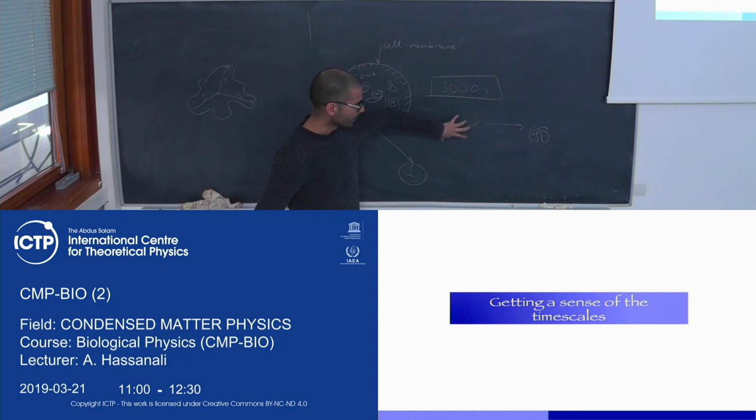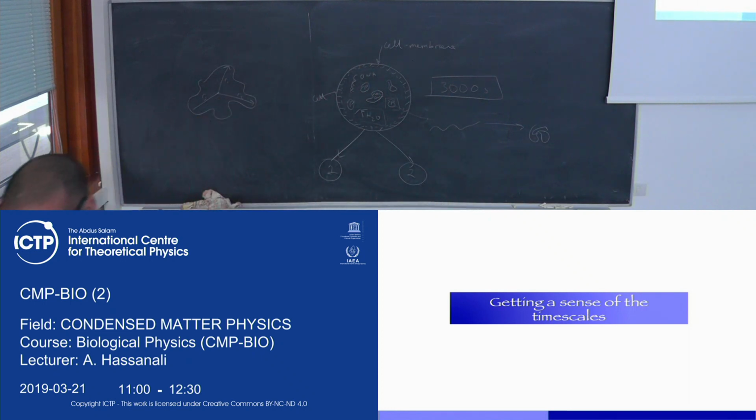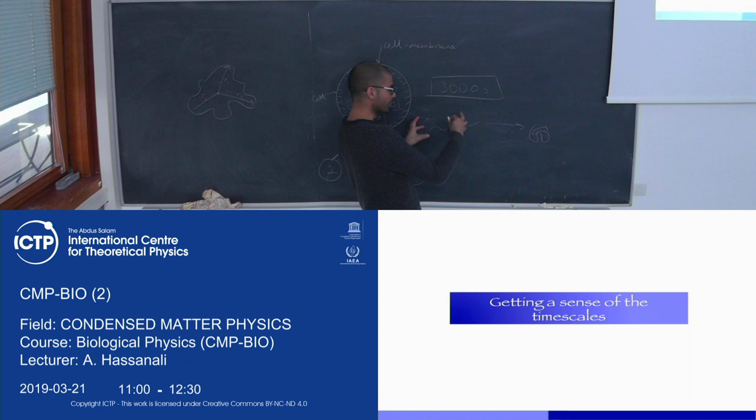I have a protein that's generated by the ribosome. It is a polymer. It has an unfolded structure. This may not be its thermodynamically favorable state, and so in order for it to function, it's going to have to transform from this to something that looks folded.